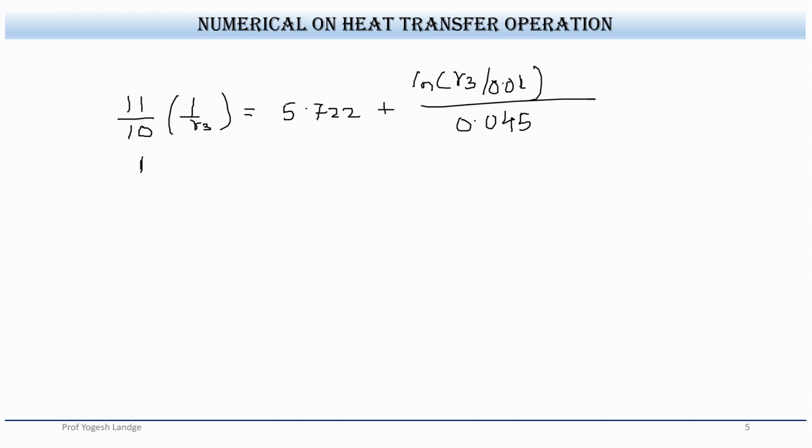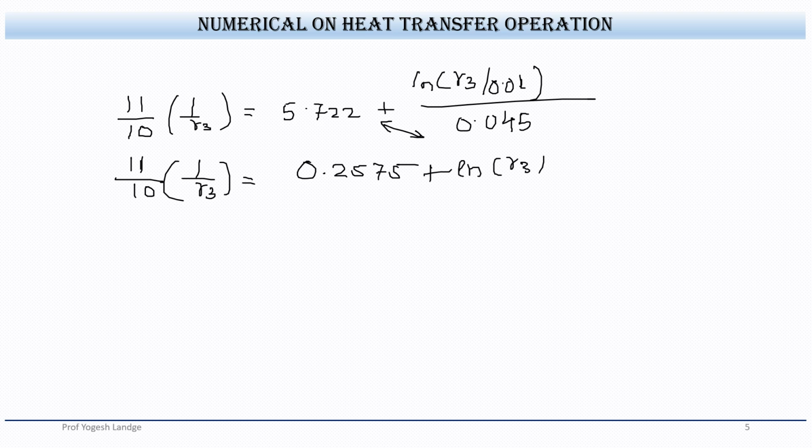So I just repeat the case. 11 by 10, 1 upon R3 is equal to, I just do the multiplication of these two so that I get it in a simple form, 2575 plus ln of R3 by 0.01, and whole divided by 0.045.